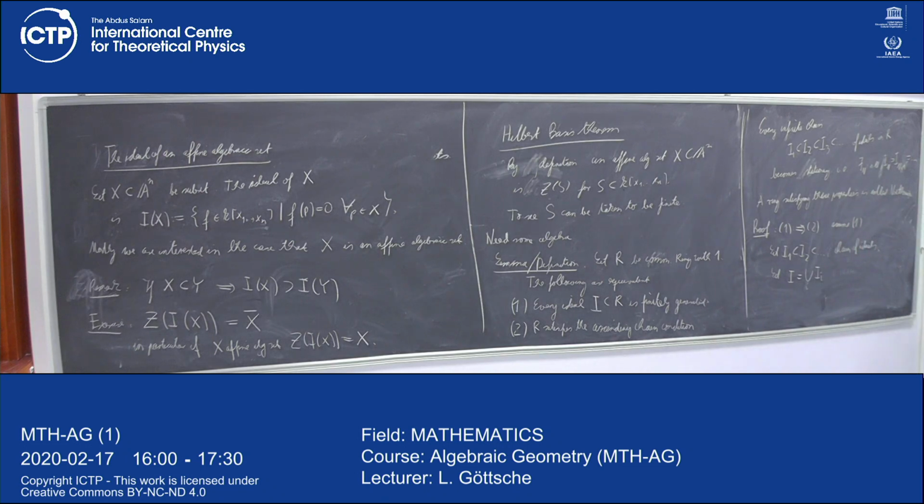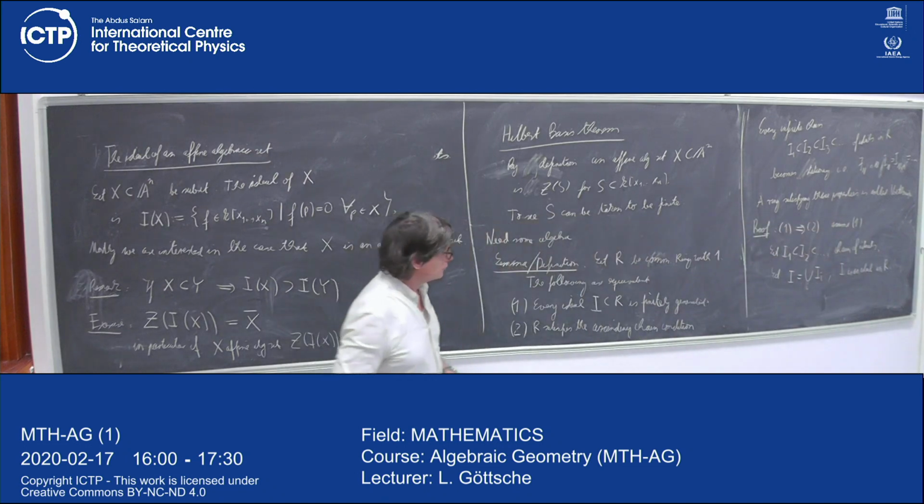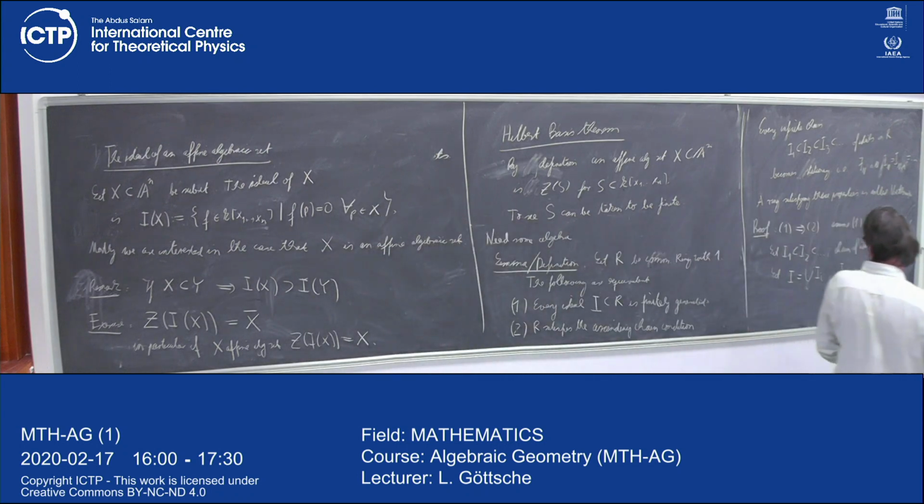Now you can easily see that I is an ideal in R, because this follows directly from the definition. You need that the sum of any two elements lies in it, and the product with any element in R. But if you take any element in this union, it lies in one of these, and these things are ideals.